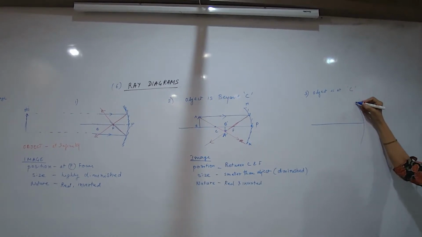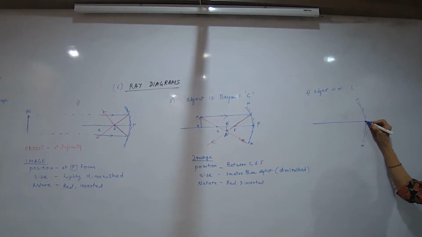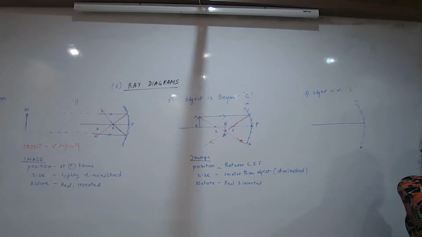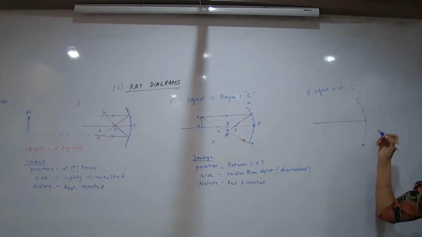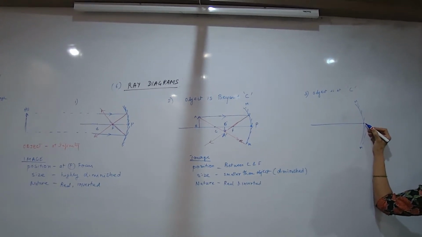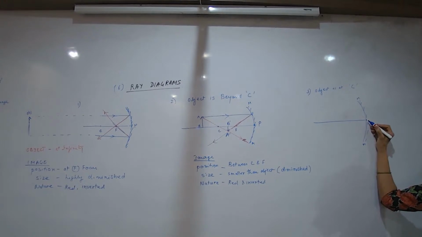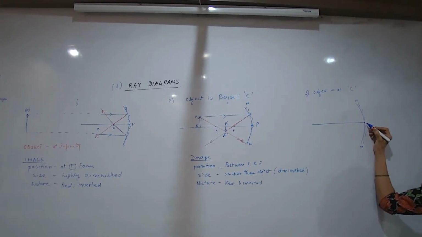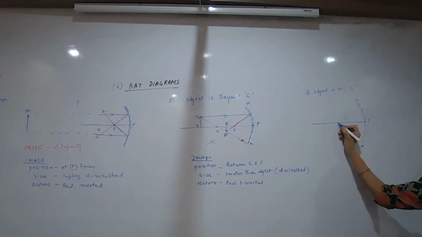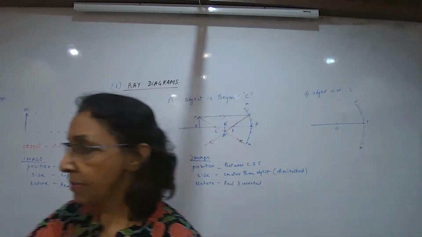The principal axis meets this mirror at a point called... what is this? What is P? Pole. Very good. Tell me, what is C?